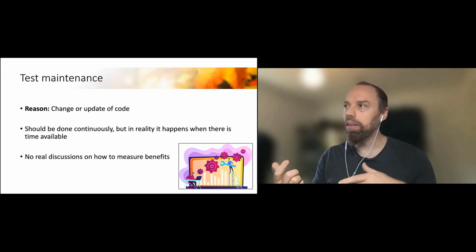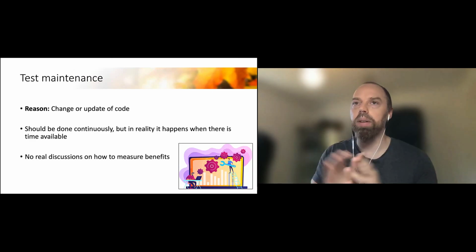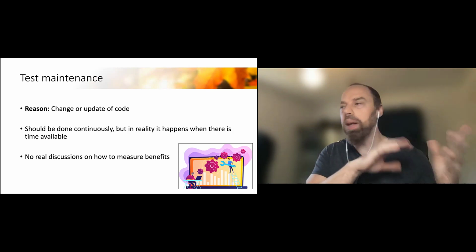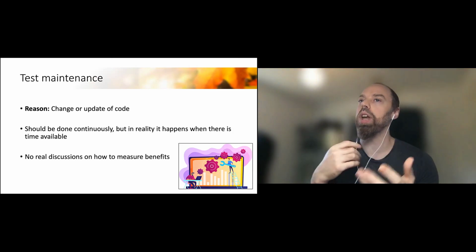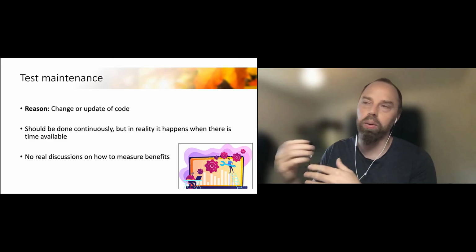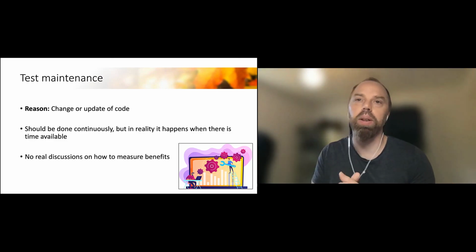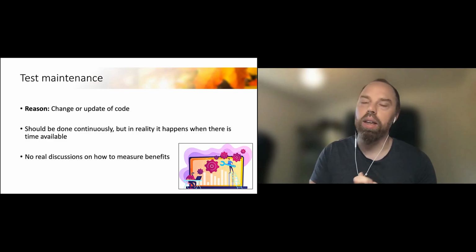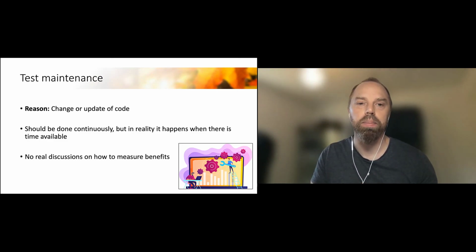When it came to maintenance and asking people in different companies about this, we found that the main reason for doing maintenance was to change or update the test according to code changes or requirement changes, which makes sense. We need to align our tests with the code and the requirements.